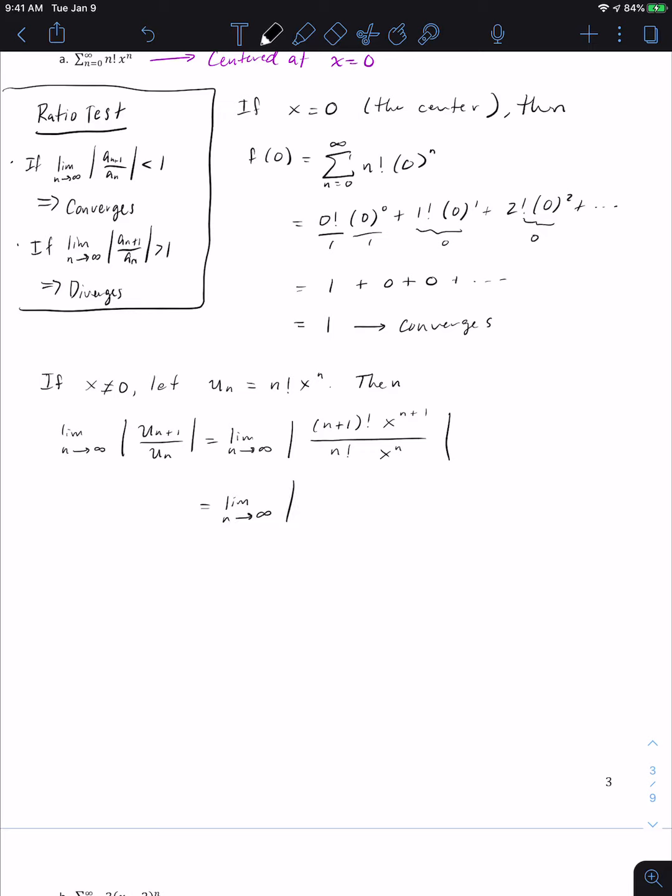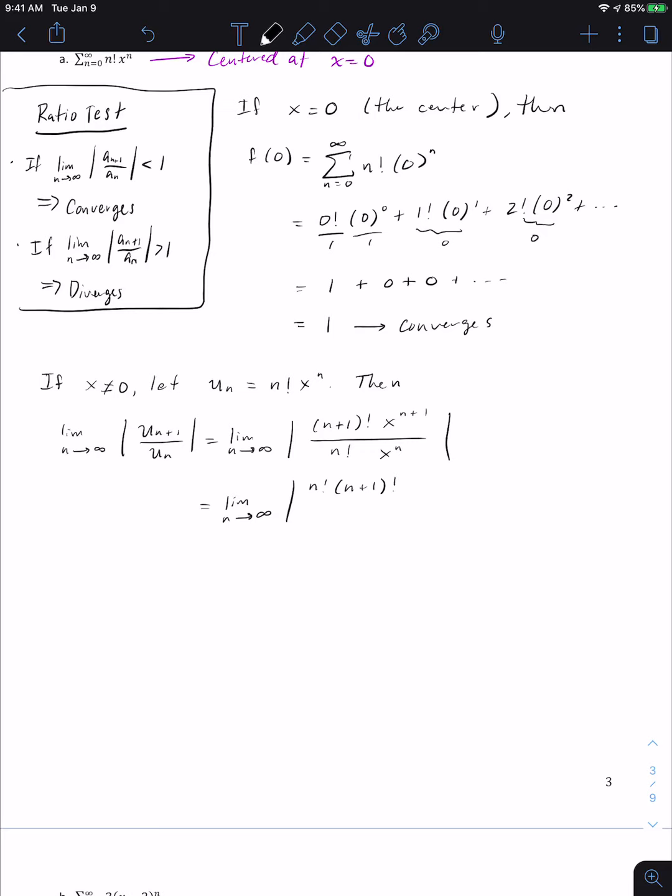We'll need to do some algebra as per usual. So remember, in the last video we talked about what n plus 1 factorial is: every number before n plus 1 being multiplied together. And we talked about how n plus 1 factorial can be written as n factorial times n plus 1.